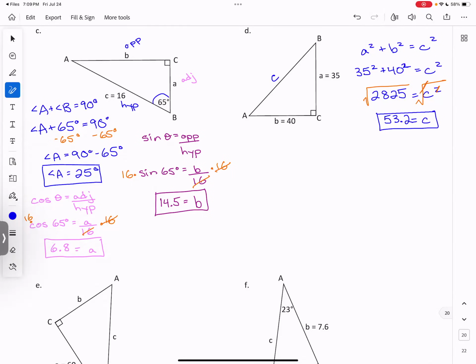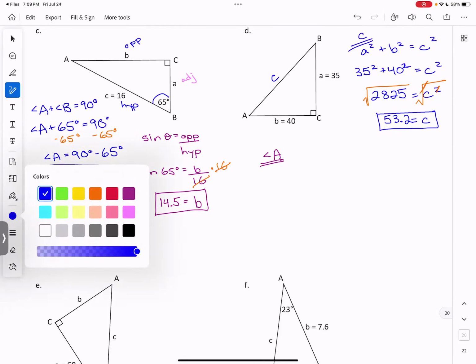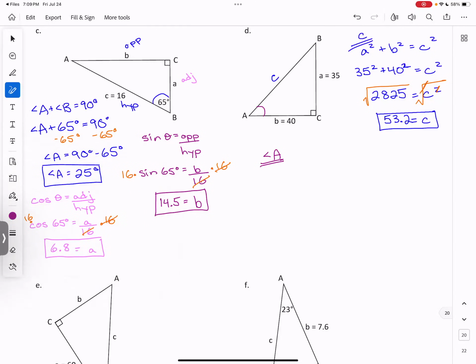Okay, now let's work on our angles. Let's look at angle A. Relative to angle A as my target angle, I'm looking for my hypotenuse. No, I'm not, I already found my hypotenuse. I'm looking for angle A. So what are two things I know? Well, I know my opposite side, and I know my adjacent side. So let's use the tan ratio. We know tan of any angle theta is opposite over adjacent.